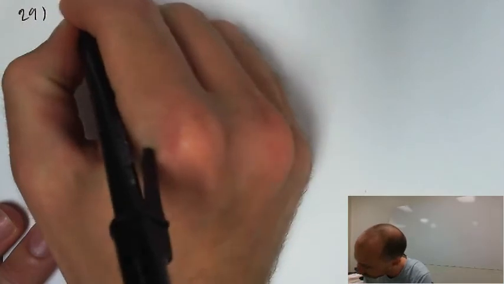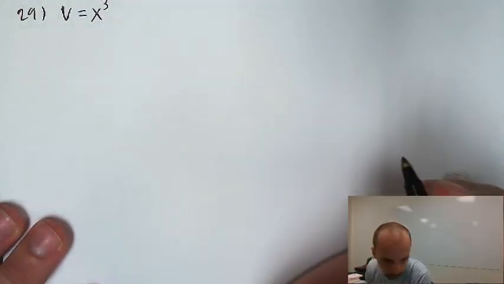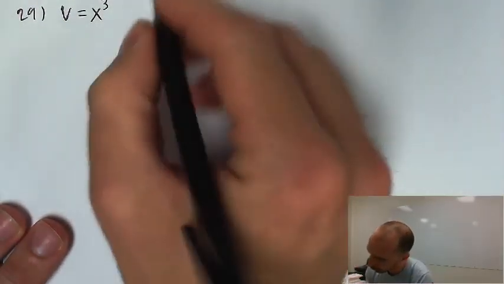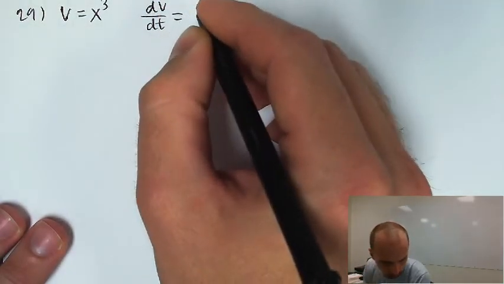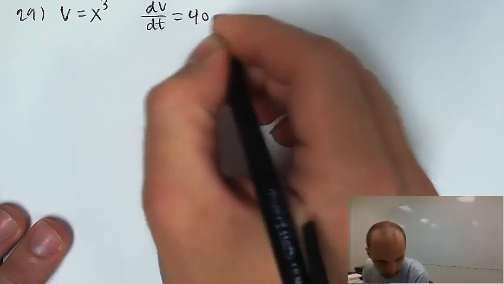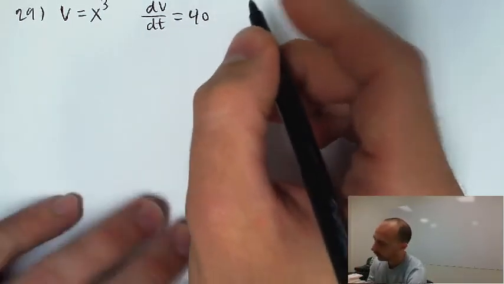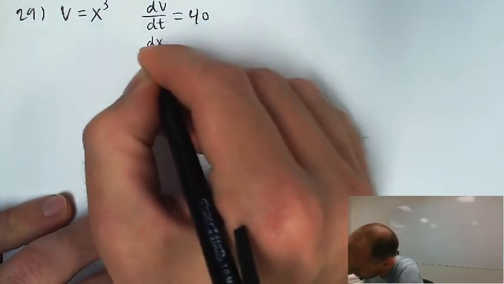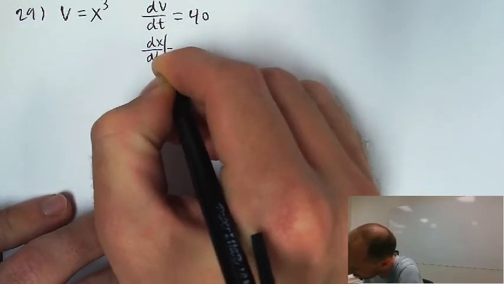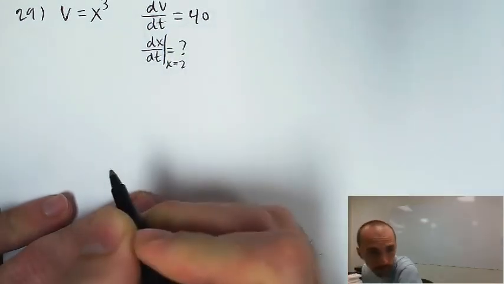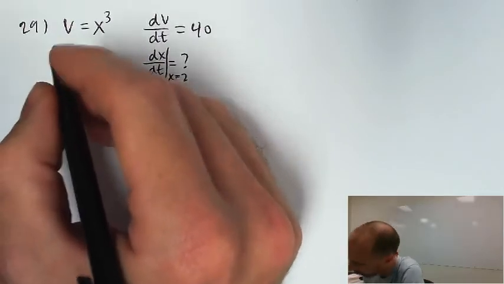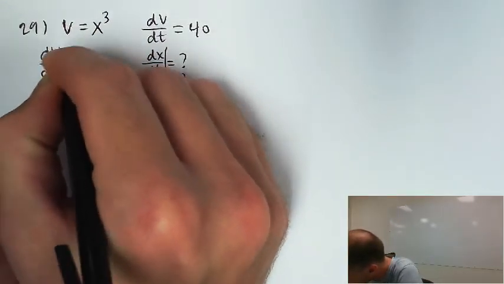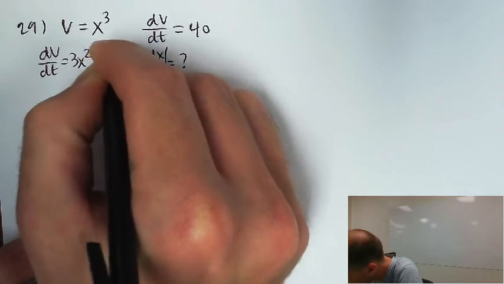All right, number 29 is a related rate situation. Volume is x to the 3 for a cube. They tell me dV/dt is 40. It's increasing at 40. And then when x equals 2, they want dx/dt at x equals 2. So I'm going to take the derivative of this implicitly with respect to time. dV/dt is 3x squared dx/dt.